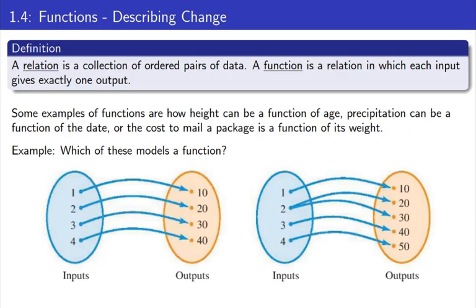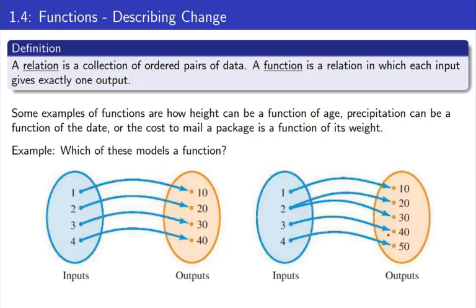Which of these models an actual function? So in this first example, 1 maps to 10, 2 maps to 20, 3 maps to 30, and 4 maps to 40. The second example, 1 maps to 10, 2 maps to 20 and 30, 3 maps to 40, and 4 maps to 50.